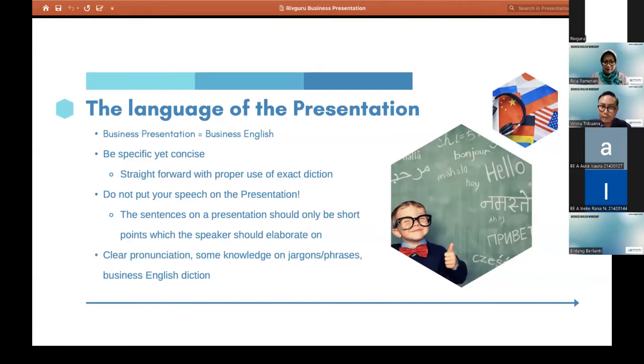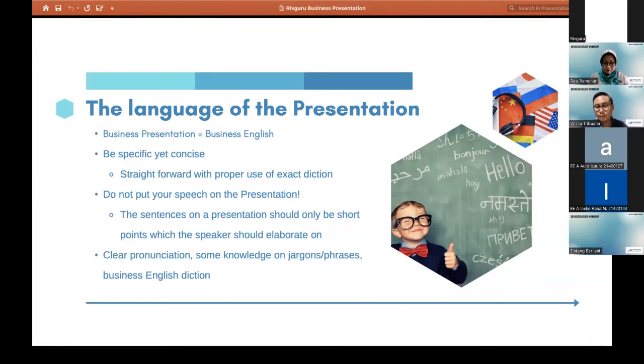You can do a lot of exercises when you're preparing for your presentation, such as tongue twisters, if you've ever heard of tongue twisters. Also, second part is, if you have any knowledge of some business jargon, that would be very useful.